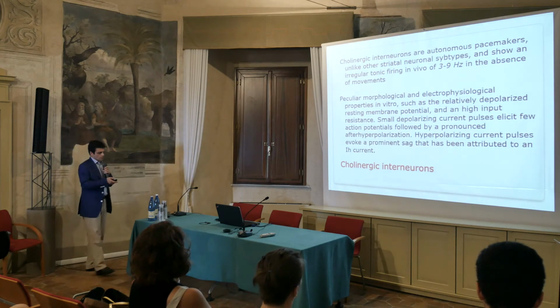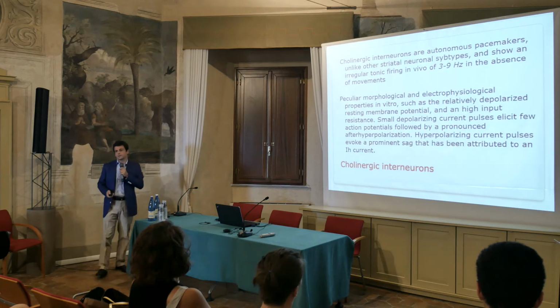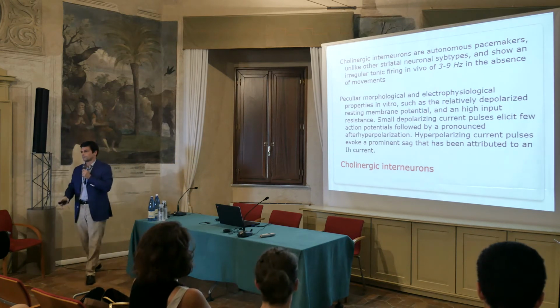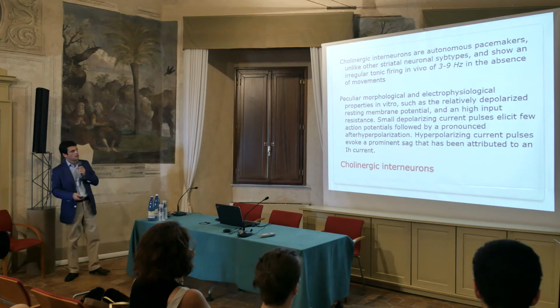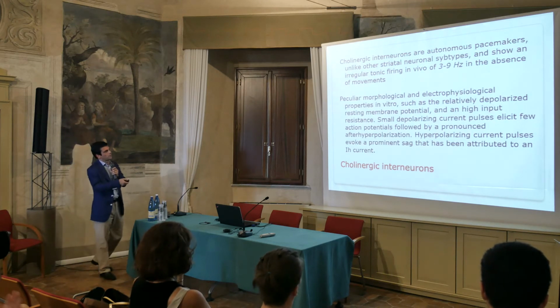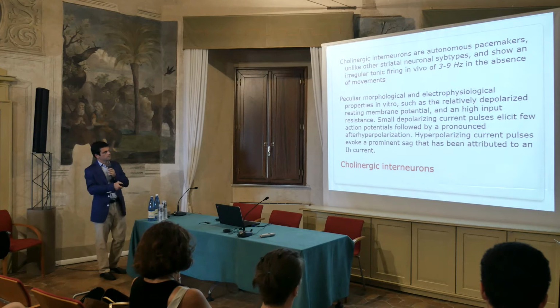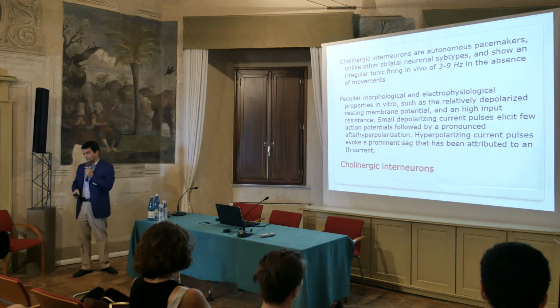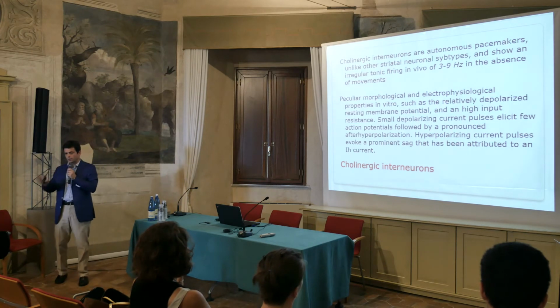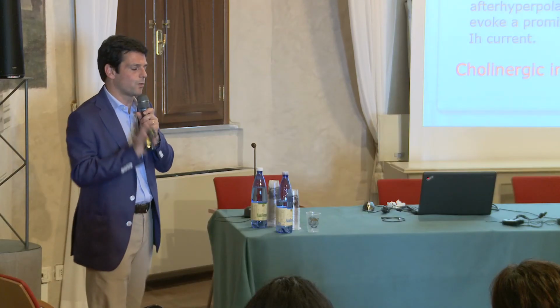And so cholinergic interneurons are cells that are autonomous pacemakers. It means that they fire spontaneously with a variable frequency between 3 and 9 Hz in the absence of movements. And they are peculiarly related to reward.